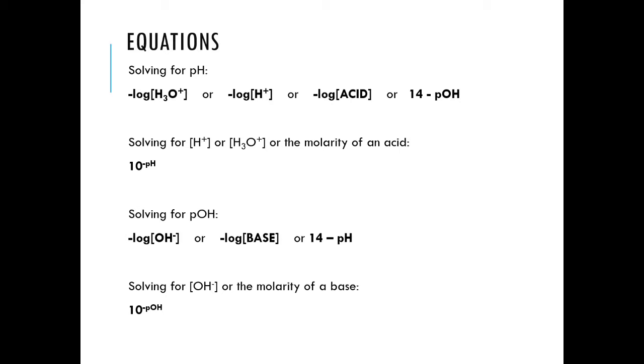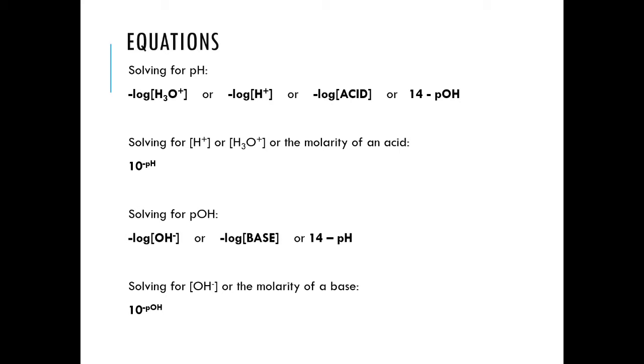Okay, solving for pOH, very similar to solving for H plus, but remember the pOH scale is in reference to the hydroxide concentration instead of the hydrogen concentration. So we'll do the same mathematical process, just based off of different concentrations.